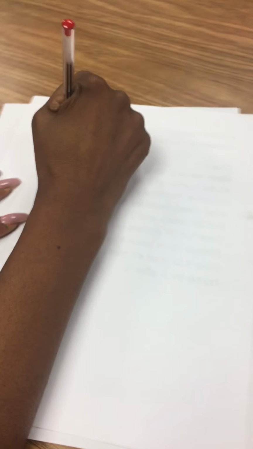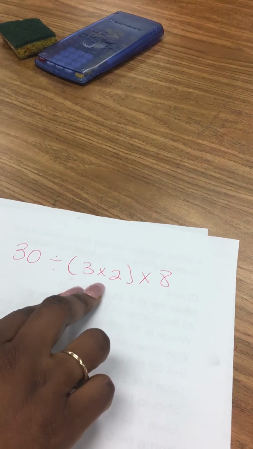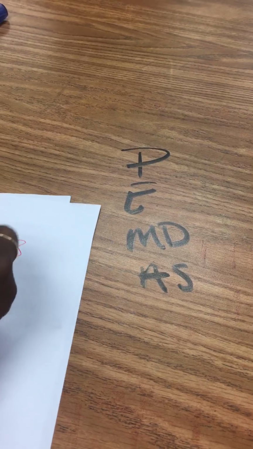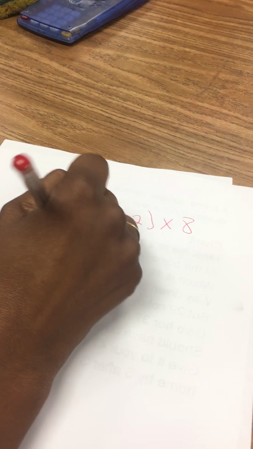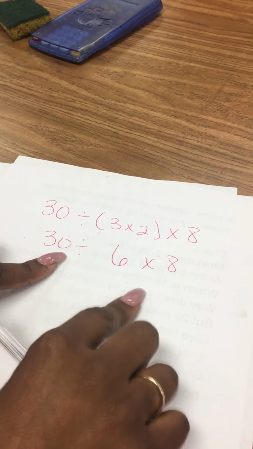Now, sometimes we have times where division and multiplication happen at the exact same time. We still solve our parentheses first. Start with the parentheses. 3 times 2 equals 6. Bring everything down once again. And as you can see, they're happening at the exact same time.